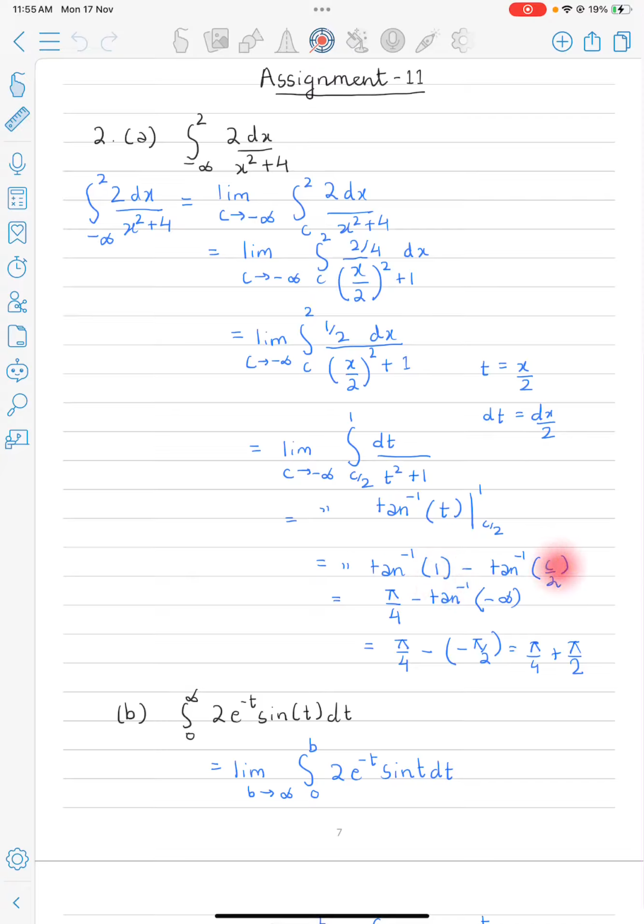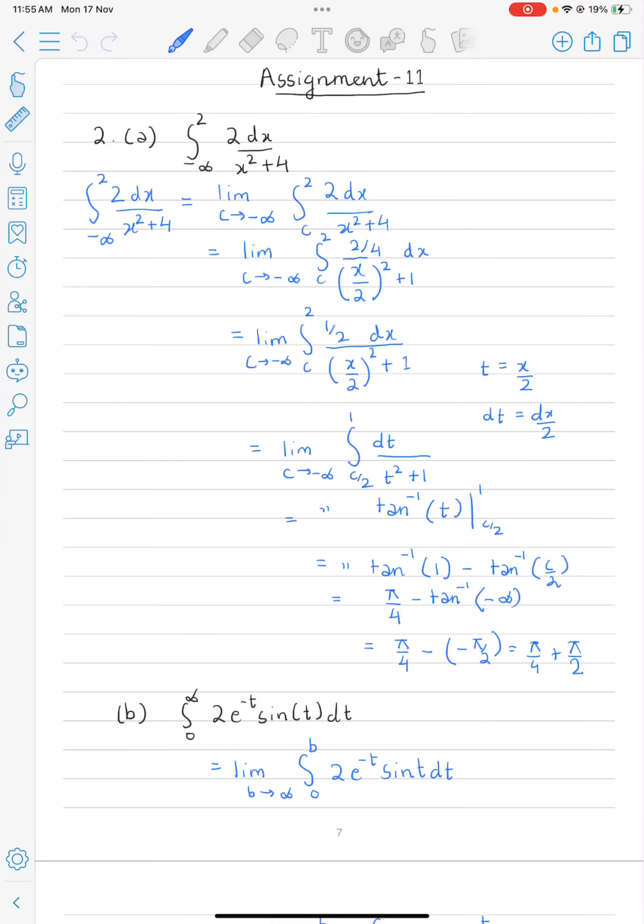And now if c tends to minus infinity, then c by 2 also tends to minus infinity. Now, if c tends to minus infinity, then tan inverse goes to pi by 2, of course, right?